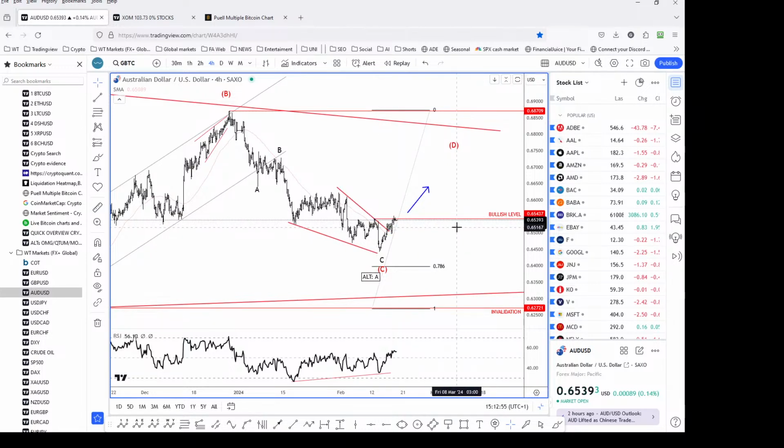But there will be some news. I think there is tomorrow, let me just check, monetary policy meeting minutes will be released tomorrow in Australia.